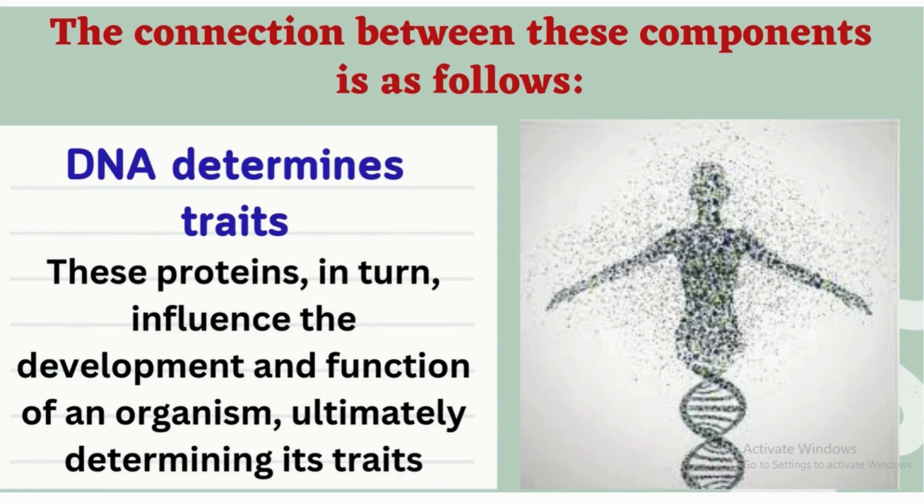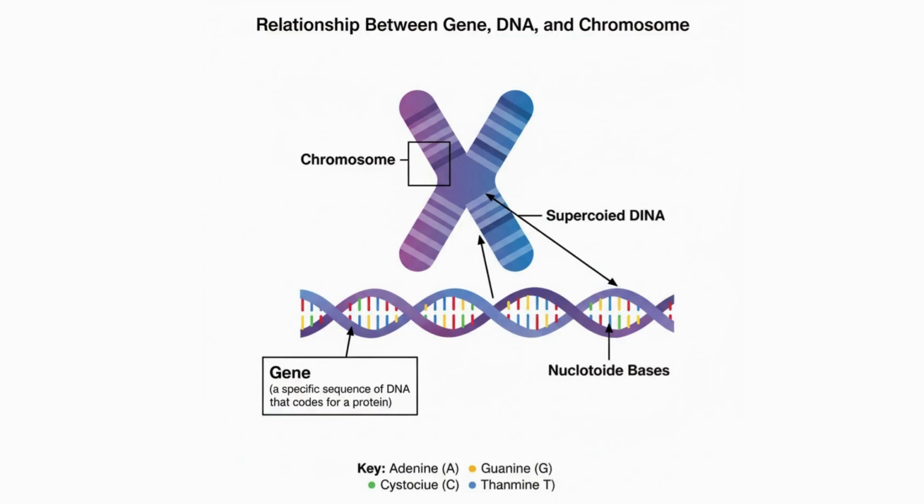Now their connection will be best explained by this picture, showing the relationship between genes, DNA, and chromosomes. In this picture, part of the chromosome consists of supercoiled DNA, which inside consists of nucleotide bases.